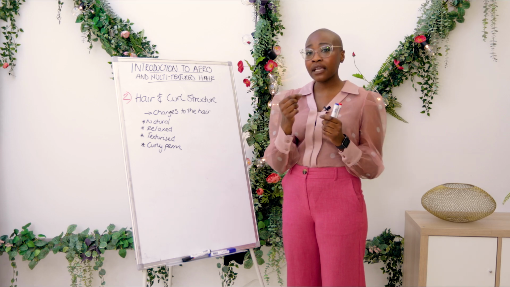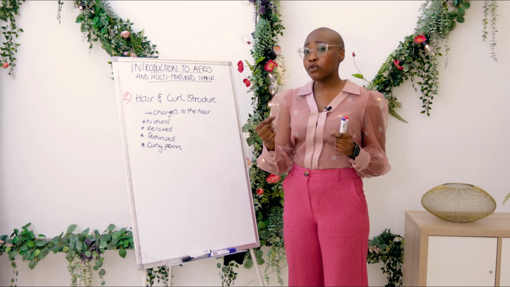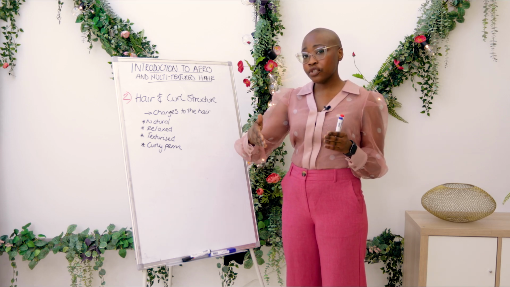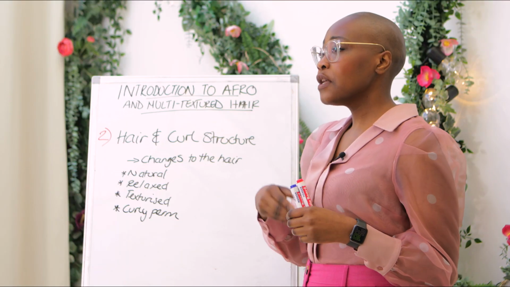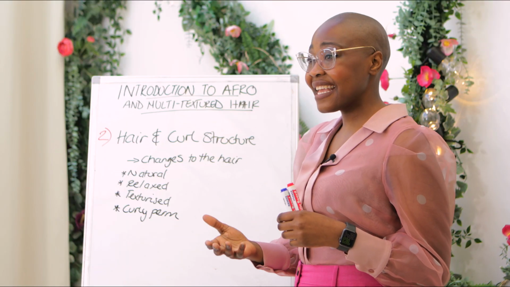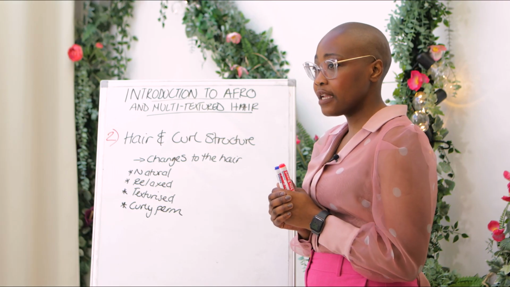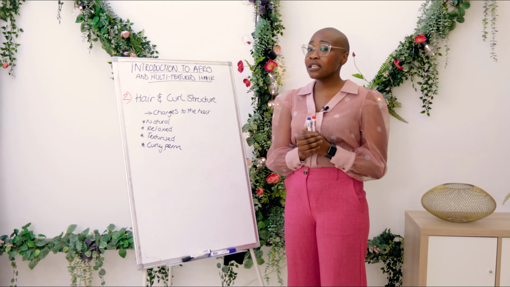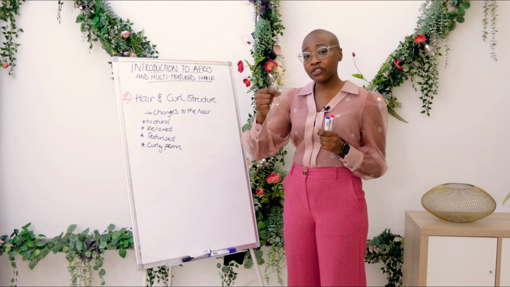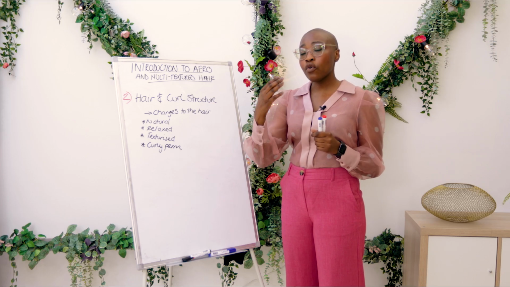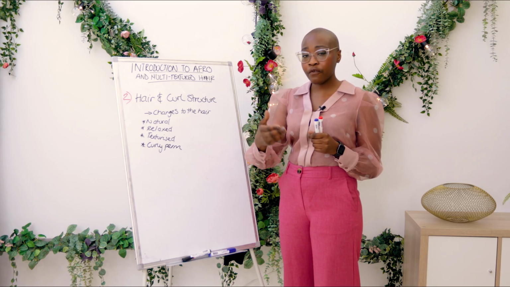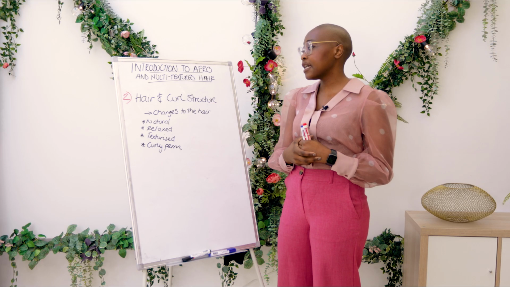So where the hair was tightly coiled, it becomes a little bit looser. It depends on how much you do. So we all know as stylists that the more someone bleaches their hair, it's likely going to start to weaken the structure of the hair to some extent. So you could essentially end up with areas where the hair is naturally a little bit straighter or much more of a looser wave because of the process of bleaching and coloring the hair.